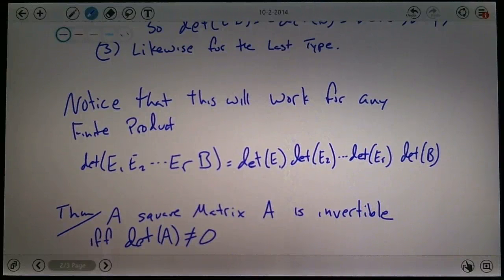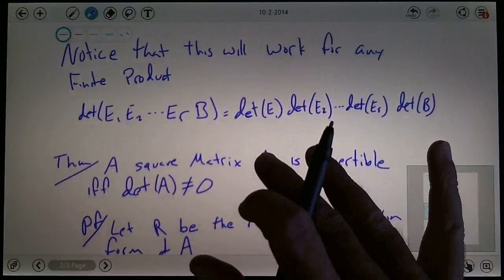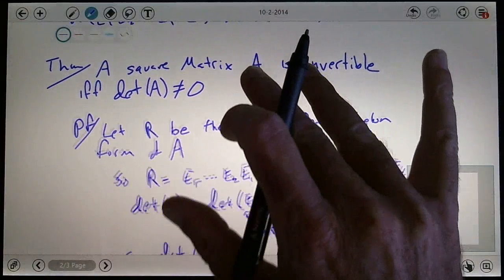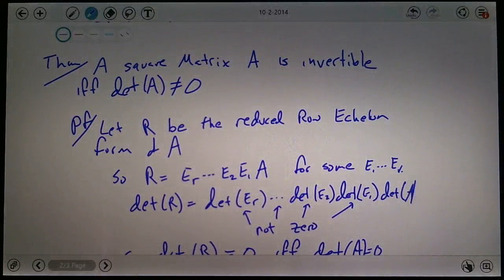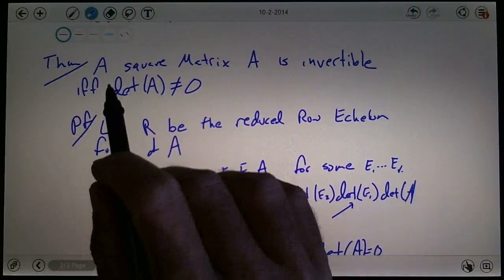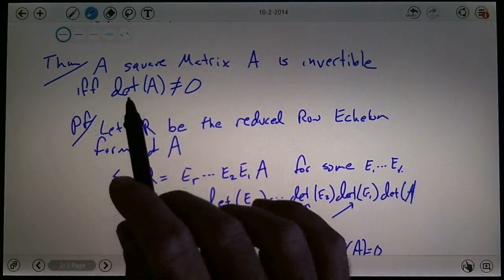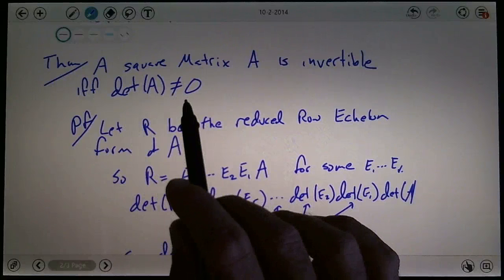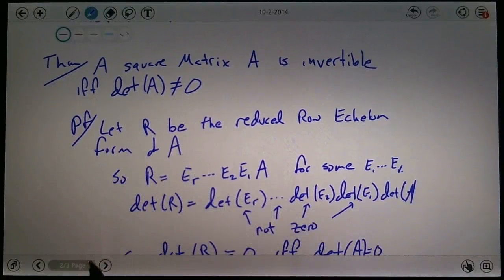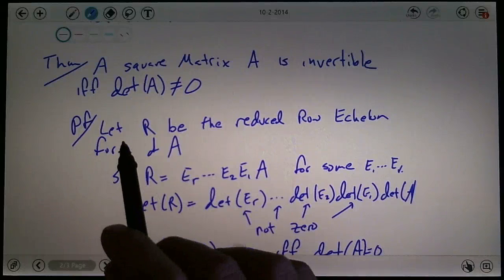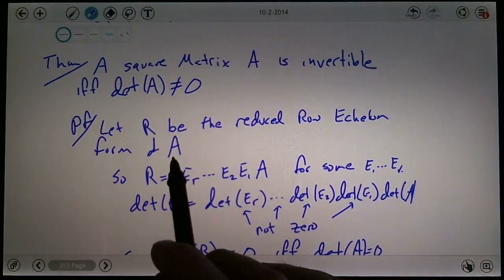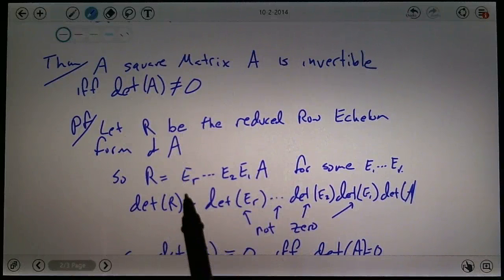Okay. This actually gives us a very nice theorem that we can prove. In fact, it will end up being an equivalent statement to some other ones that we have. So I have here that a square matrix A is invertible if and only if its determinant is not equal to 0. So here we go. Let R be the reduced row echelon form of A, right?